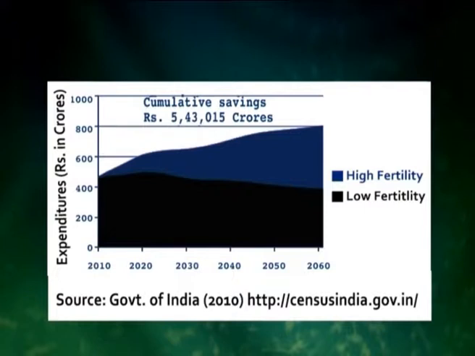In the year 2060, it is estimated the expenditure in case of the former scenario would be just half of the latter one, and between 2010 and 2061, the government will realize a cumulative cost savings of approximately rupees 5,43,015 crores or US $121 billion.